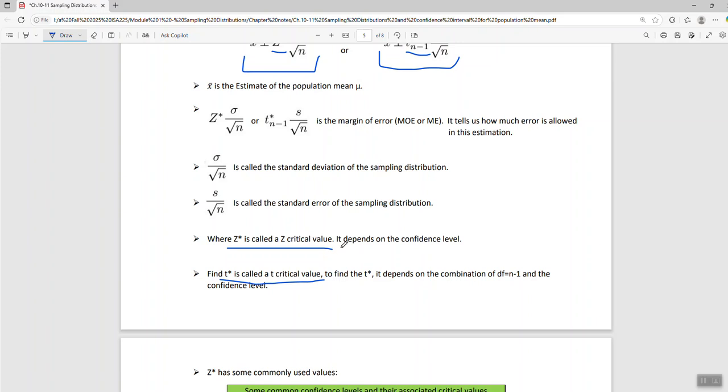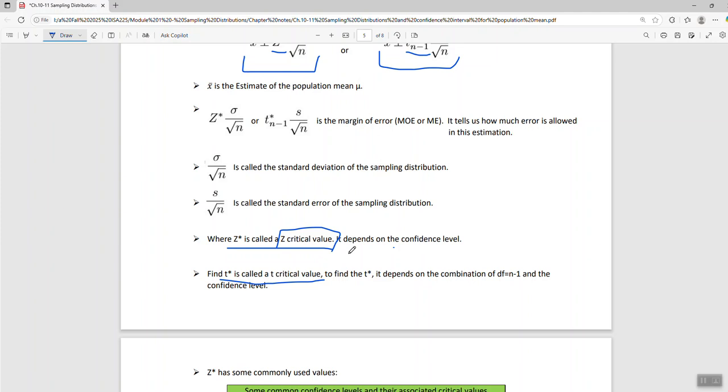So that means it does not depend on what kind of sample you collected. It only depends on how much confidence you have about this result. That is why it is called a critical value. It is a fixed value for different confidence levels.